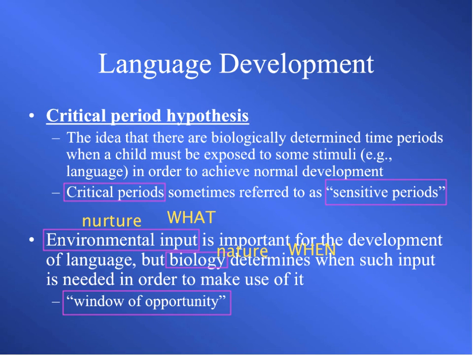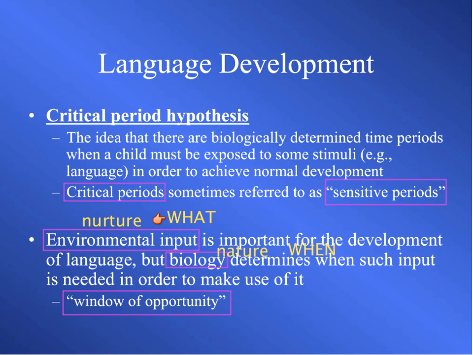Okay? So here's the idea, guys. There's a clock that's ticking from the time you're born that represents this critical period, this window of opportunity. That's biologically determined. And we're going to talk about some times for acquisition of the first language and even for acquisition of the second language where you are maximally able to develop those skills. Biology determines when.